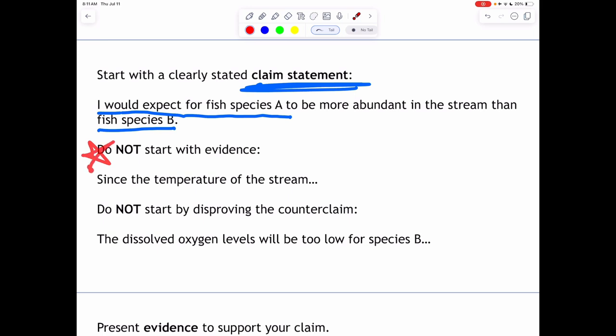That doesn't help us. That just makes everything very confusing to piece together as you go. And we cannot start by disproving the counterclaim. Please take a look at these. I've seen many of these as a teacher. So it's very important we start with just our claim statement.